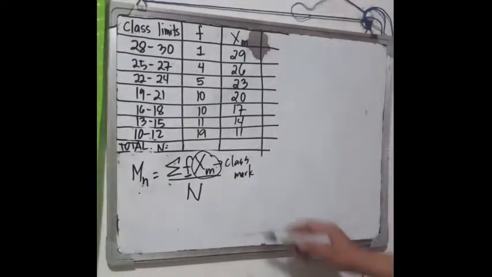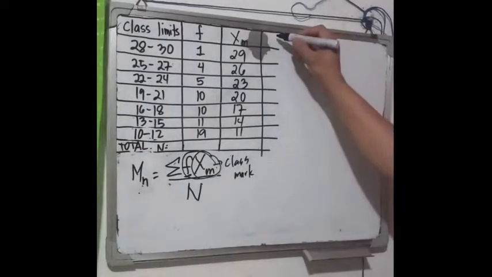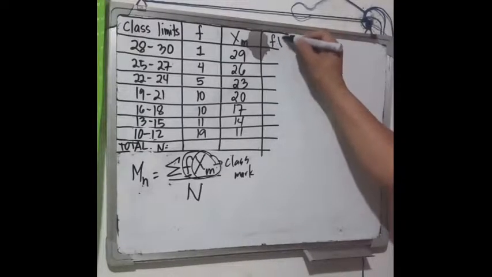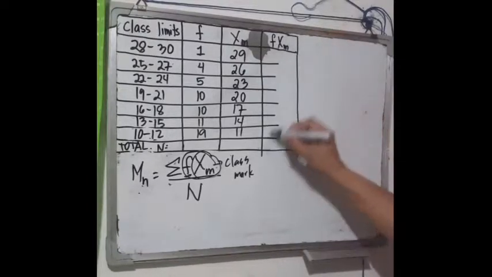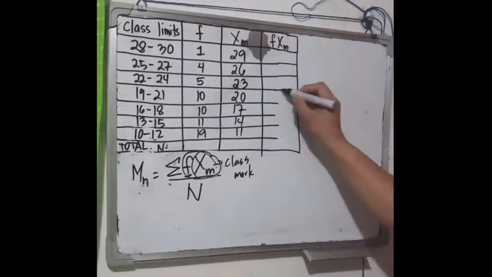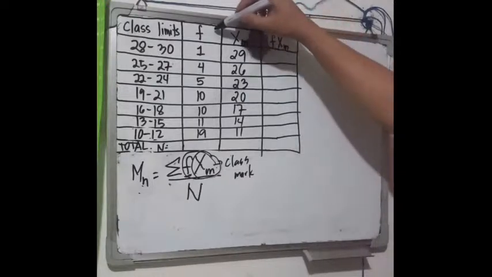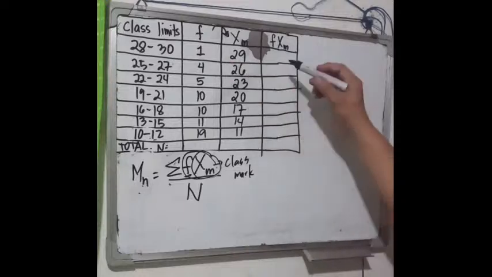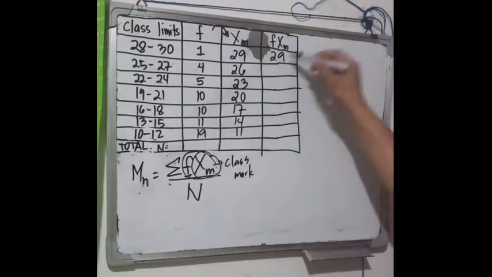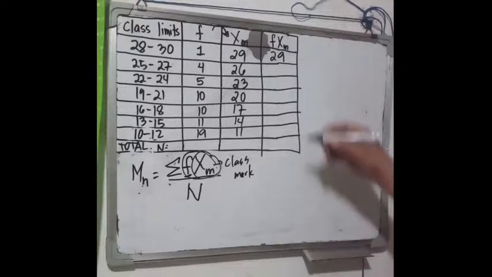Okay, next, how to find the f times x sub m. We will multiply f and x sub m. Okay, how to find this one? The value of f x sub m. You will multiply the value of f times x sub m. So 1 times 29, that is 29. Then 4 times 26, that is 104.